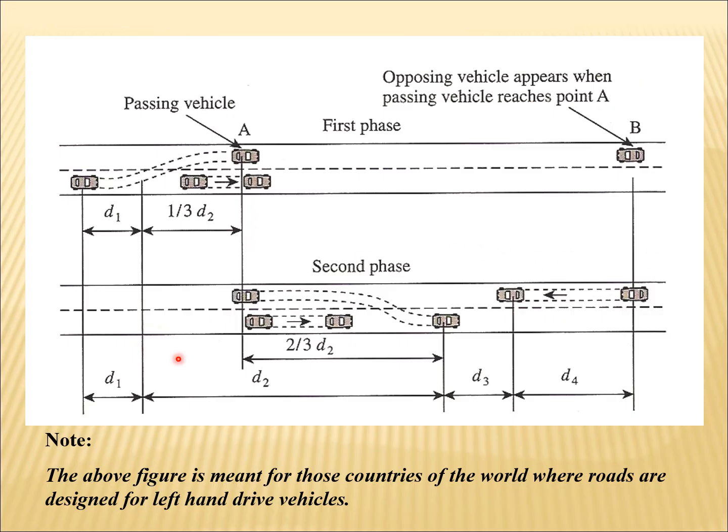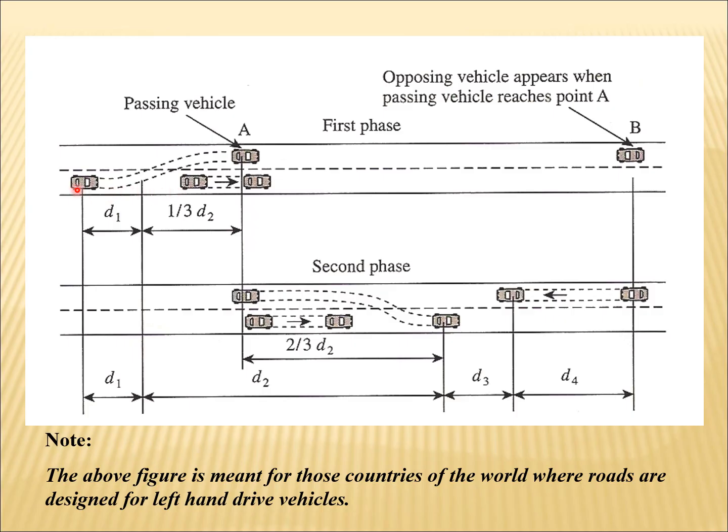So look at this particular slide. This figure is basically meant for those countries of the world where roads are designed for left-hand drive vehicles. So look at this. This is the overtaken vehicle which is moving at the constant speed. This vehicle wants to overtake this vehicle.